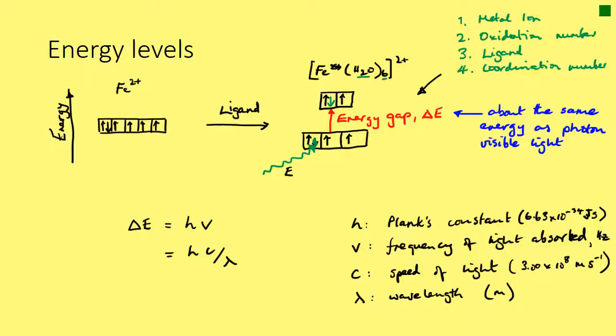And we can also express this in a slightly different way, because v can be related to the wavelength via the speed of light. So you can also say that delta E is hc over lambda, where c is the speed of light and lambda is the wavelength of that light absorbed.